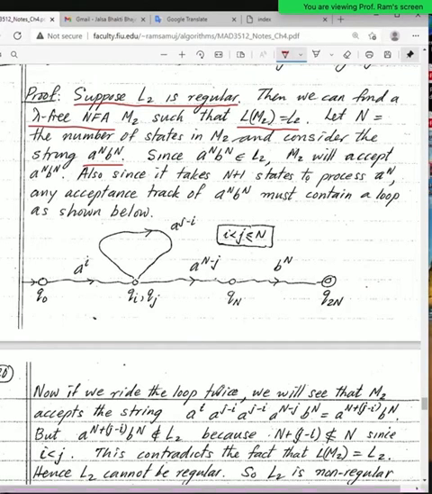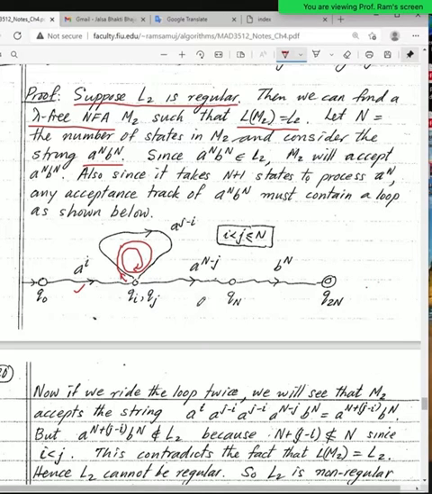Now, if we go around this loop twice, we will see that M2 accepts the string A to the I, that's this part, and then take the loop 2 times, so 1 time like that, and go around and come back. So the first time you went like that, and then you went 2 times, right? What does that do?